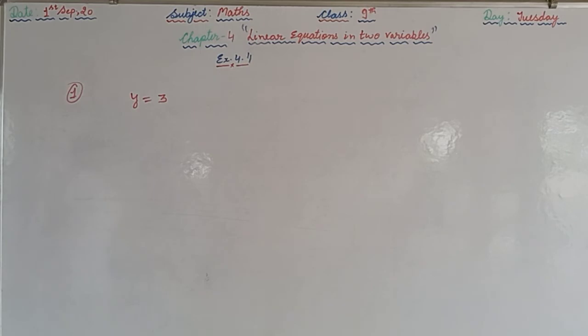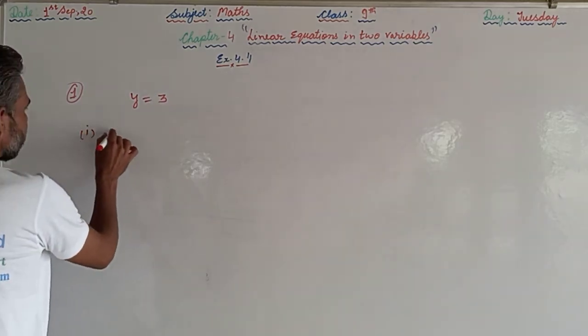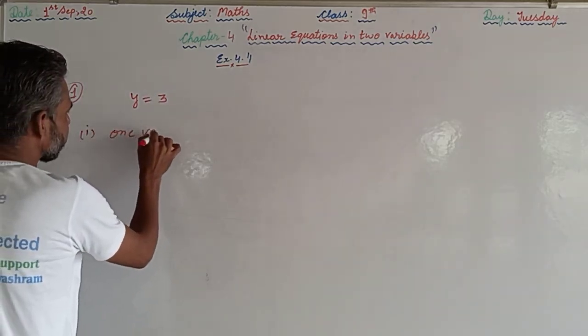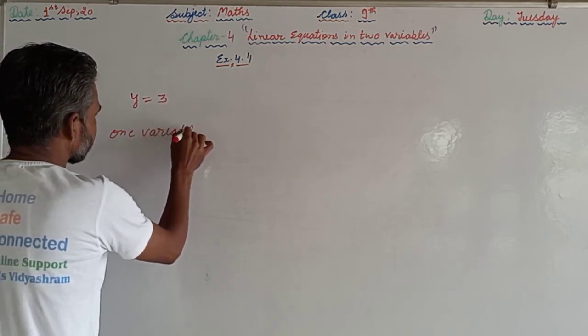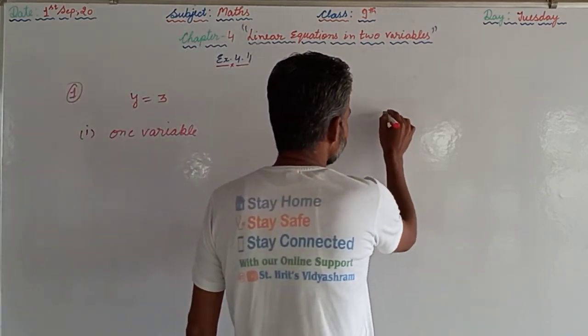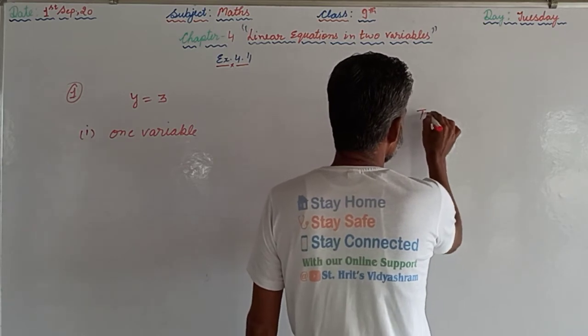So we are supposed to give the geometrical representation of y is equal to 3 as an equation in one variable and in two variables. So first in one variable, and the second one will be in two variables.